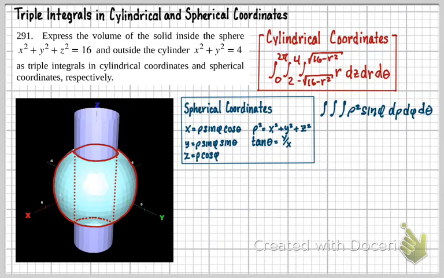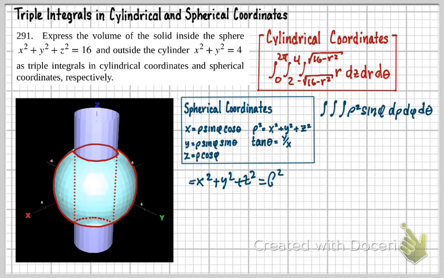So now then, if I'm thinking about rho comes out here, but it doesn't start until after this value here. So this is going to be the lower bound for rho, and this here is going to be the upper bound for rho. So right away we can see that x squared plus y squared plus z squared equals rho squared, which tells me this right here equals 16.